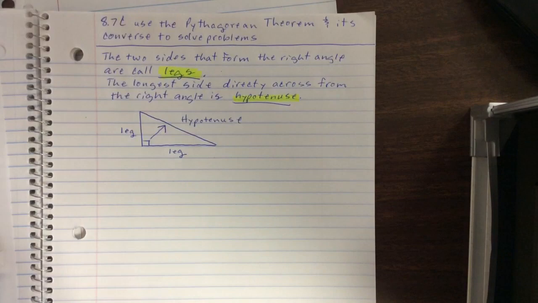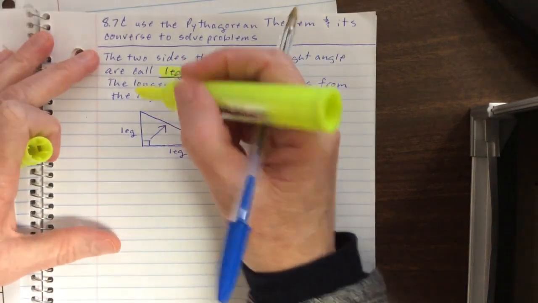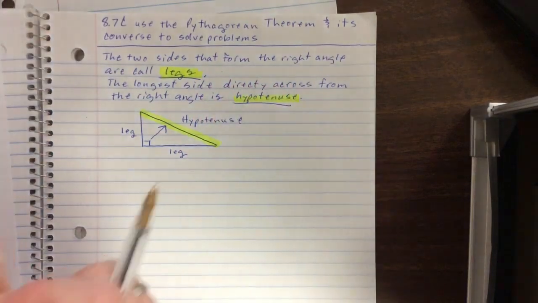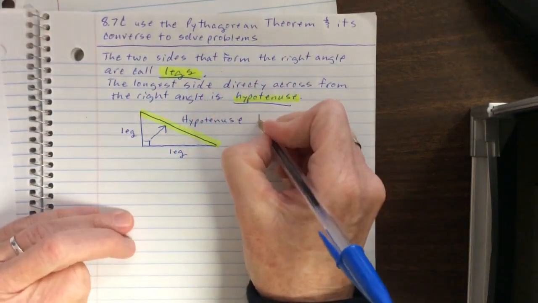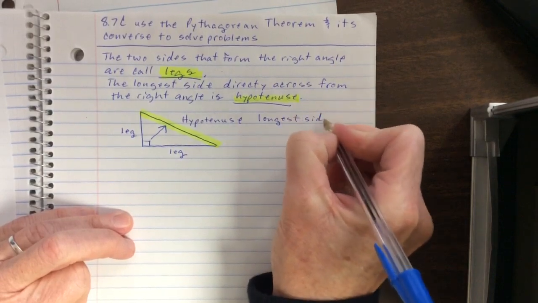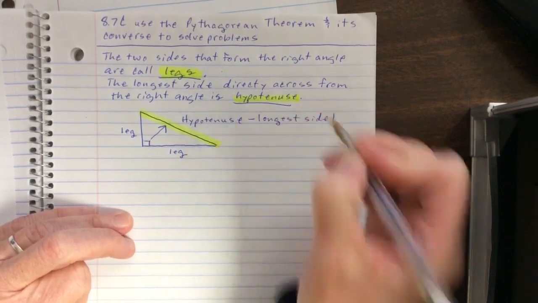Okay? So this is the longest side of the triangle. This is your longest side. Okay?